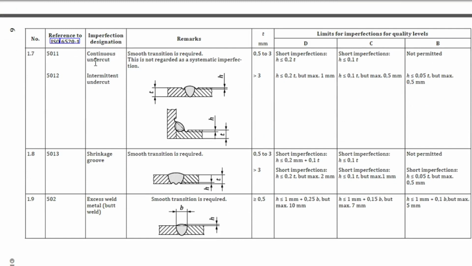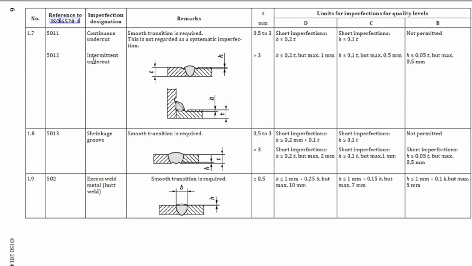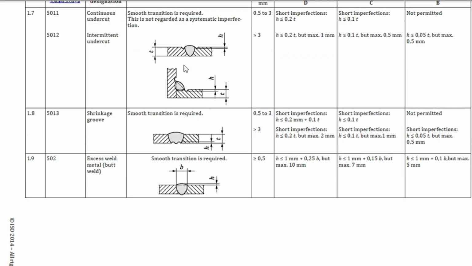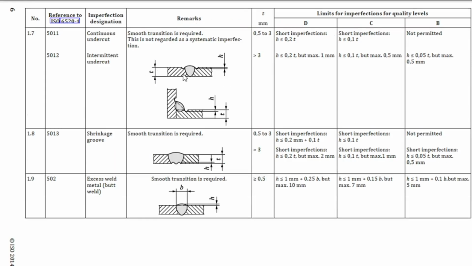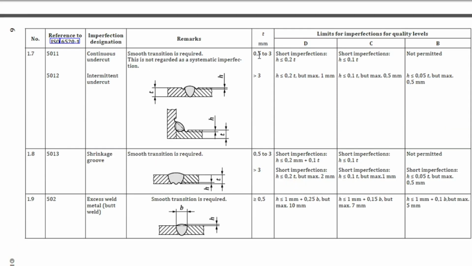Next we go through the continuous undercut. If we find any continuous undercut, the remark is that a smooth transition is required. This is not regarded as a systematic imperfection. For continuous undercut, if the material thickness is 0.5 to 3 mm, then quality level B is not permitted.